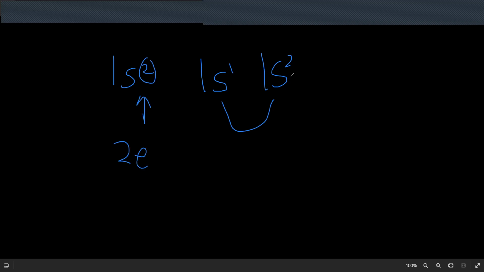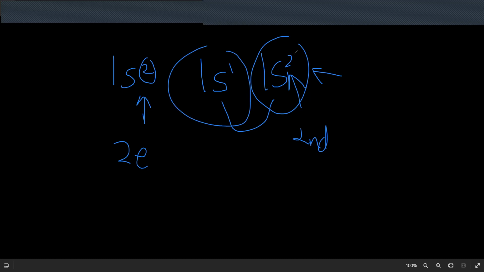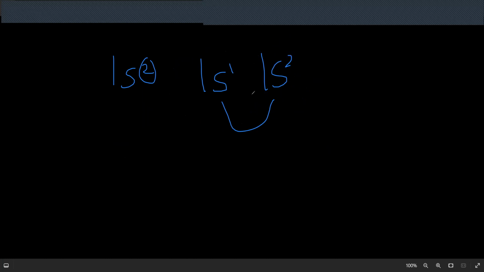For example, in 1s2, 1s1 and 1s2 are its components. The 2 represents two electrons, and here we are representing the second electron, which comes after the first electron. Where this electron goes determines the block.